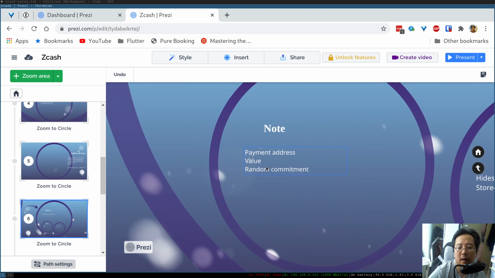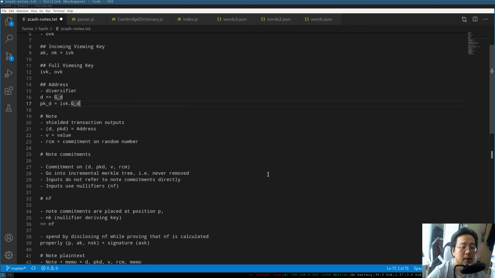And the note has a payment address, so in that case, it would be D and PKD, the value, and the random commitment. So for the random commitment, when you create that note, you create a random value and then you hash it to get this random commitment. At one point, you would have to reveal the random value that you have chosen to make sure that it matches the commitment.